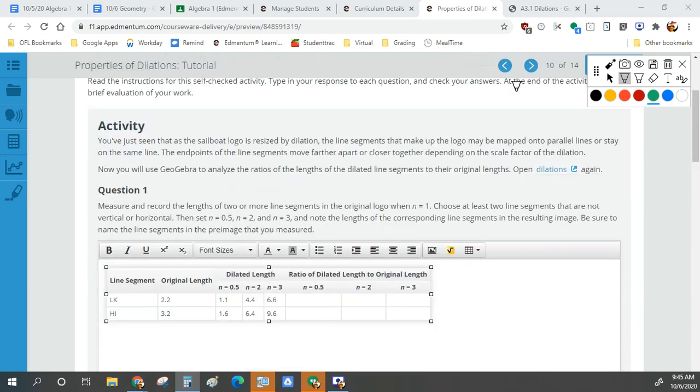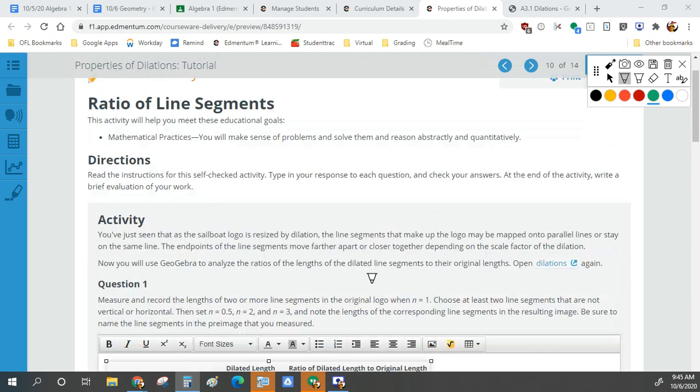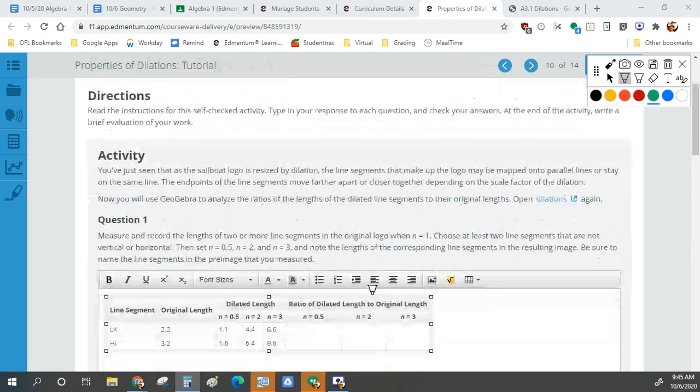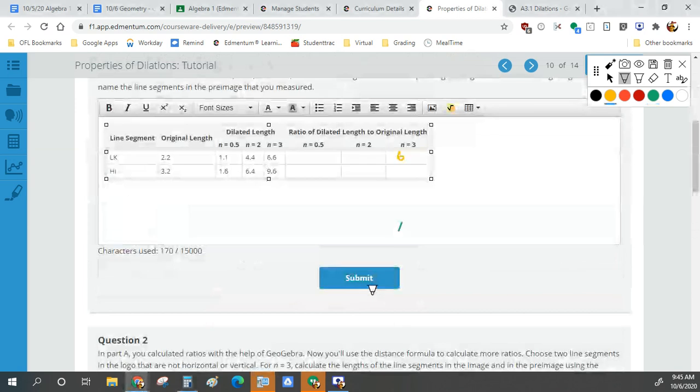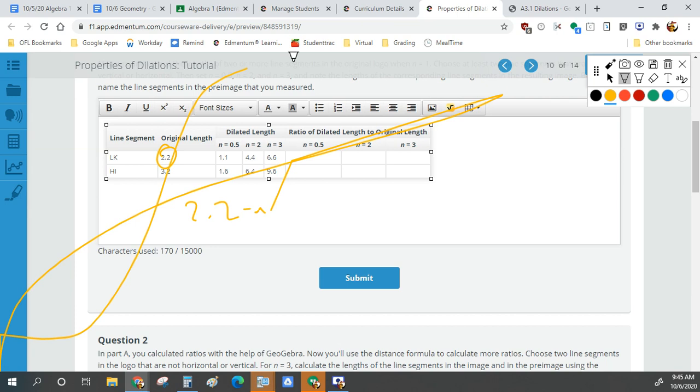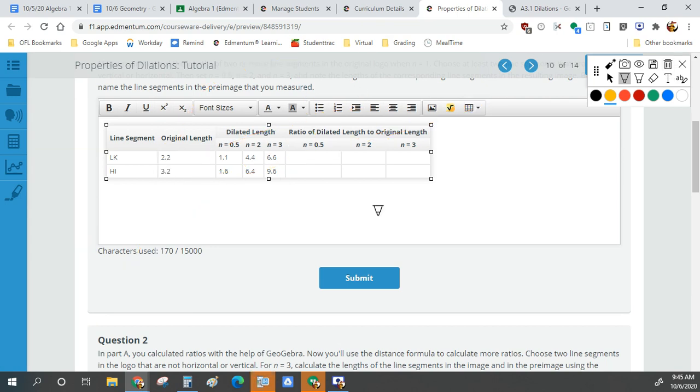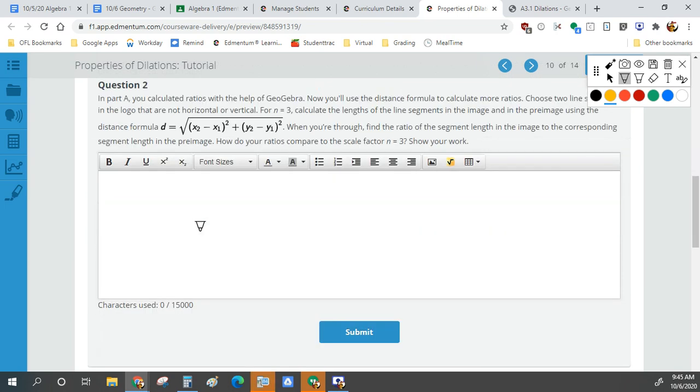Okay, so it's a little different than the 6.6 I got before, but I'm sure there's a little bit of round off error on GeoGebra's part. GeoGebra is probably rounding something off a little bit when it measured the original. I'm sure the original is like 2 point something, something, something, which is probably messing it up. So there's just round off error.